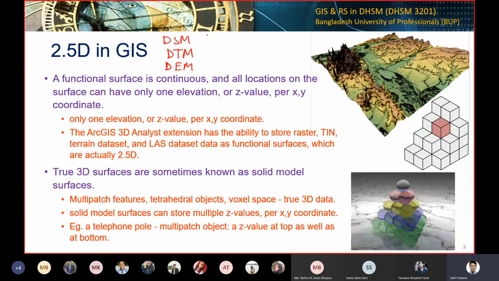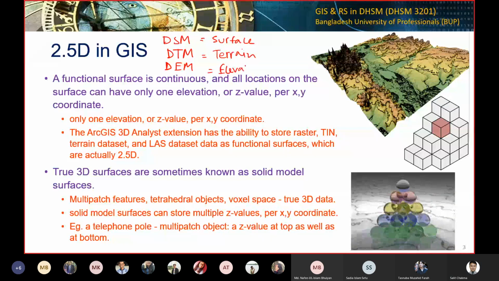S is surface, digital surface model, T is terrain, and E is elevation. So: digital surface model, digital terrain model, digital elevation model. What are the differences between them?